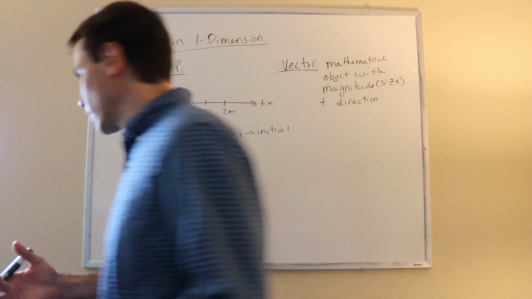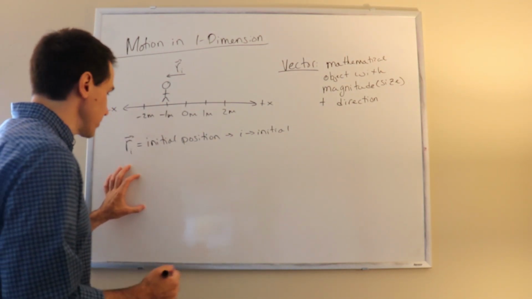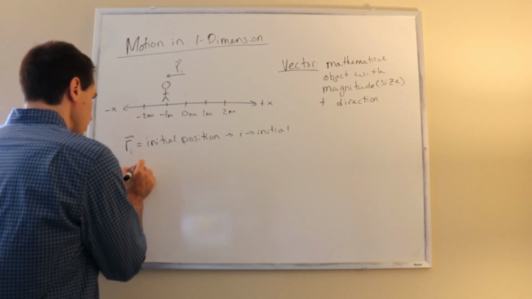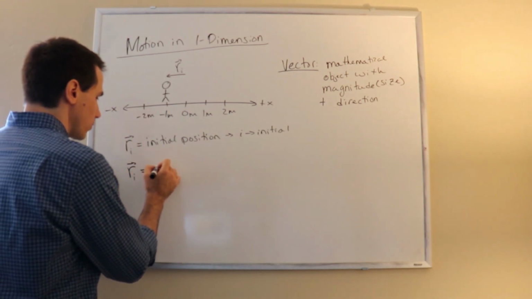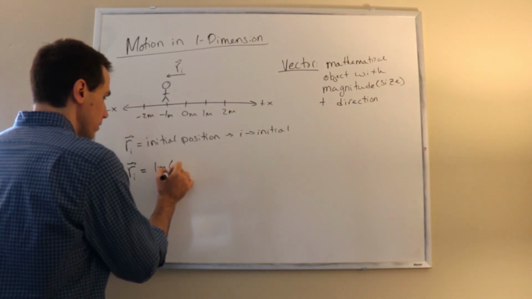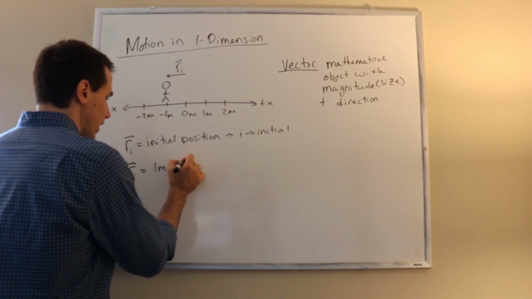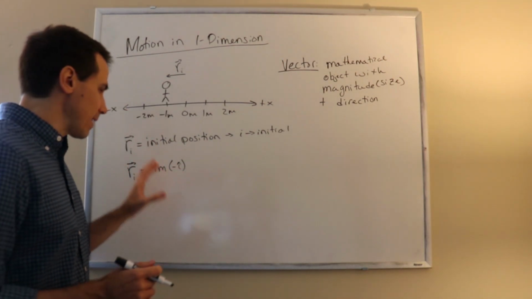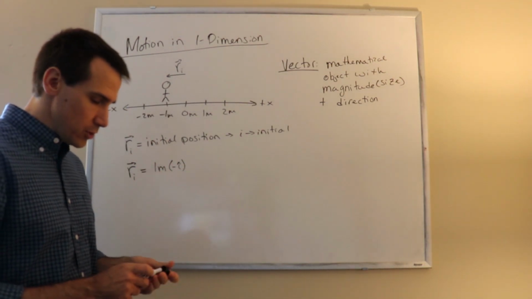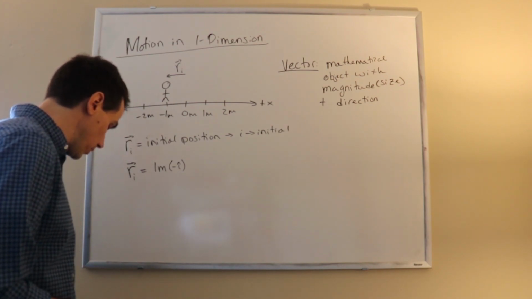So now let's see how we can write this vector as a mathematical object. So r sub i is equal to 1 meter in the negative i hat direction. All right, there's a lot of mathematical notation that was just introduced here, so let's go over it all.